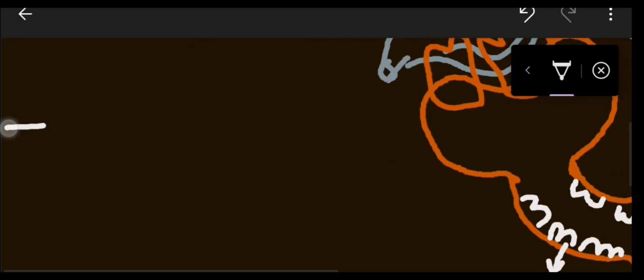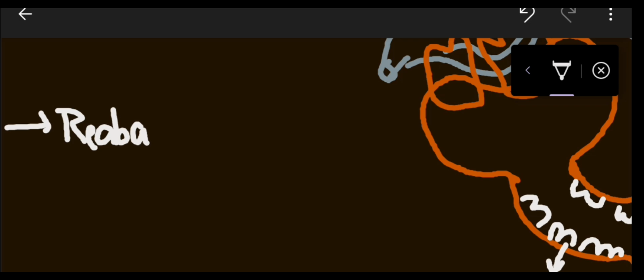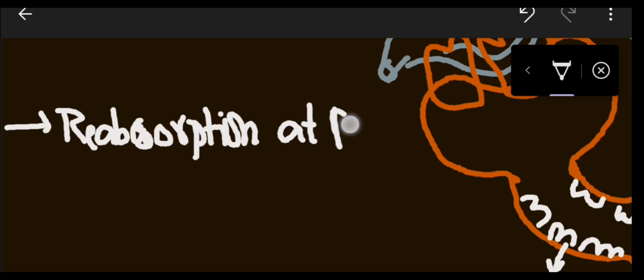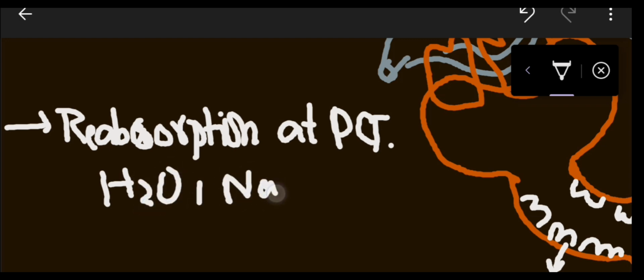Okay. So now here we're going to discuss our first point. We know that reabsorption at the PCT happens of water. Reabsorption at the PCT is of what? First of all, the reabsorption happens of water and then ions.